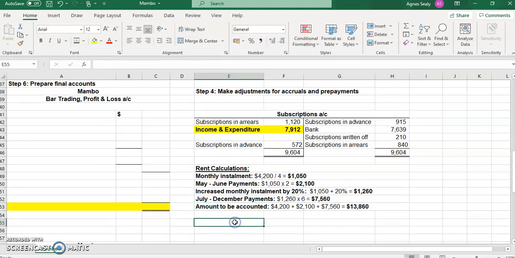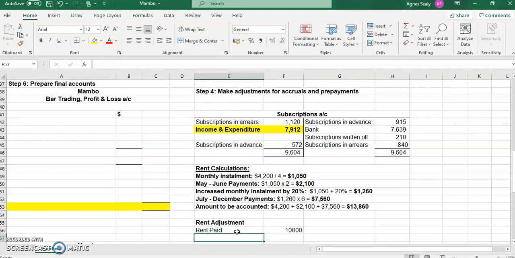So let's do the adjustment, our rent expense adjustment. We already worked out how much is going to the income and expenditure account, but we're just trying to work backward to find out our prepaid amount. So we're going to start with the rent paid for the period, which was $10,000.